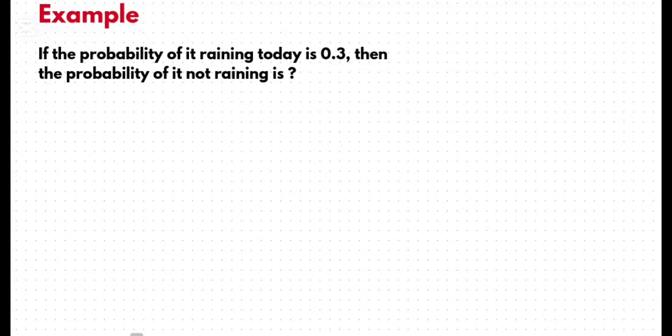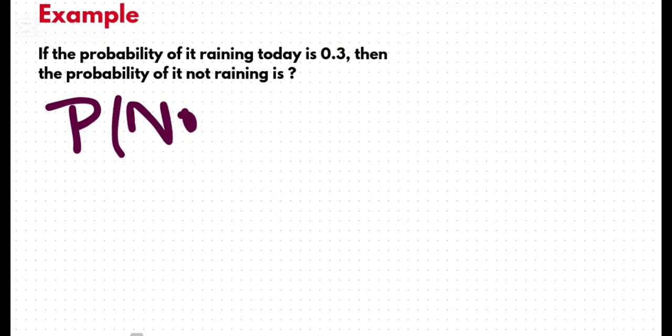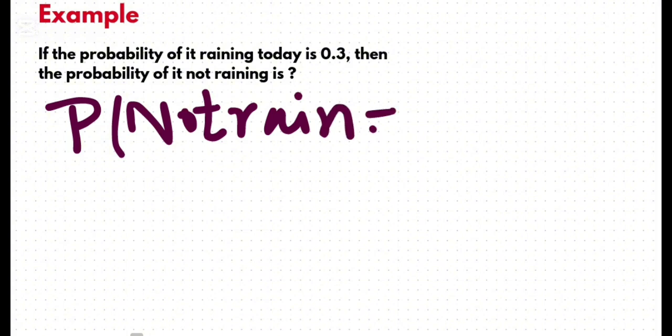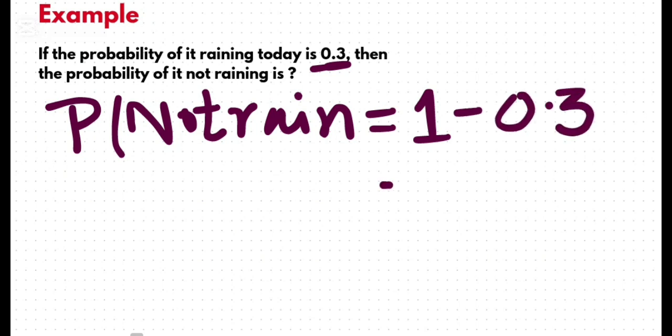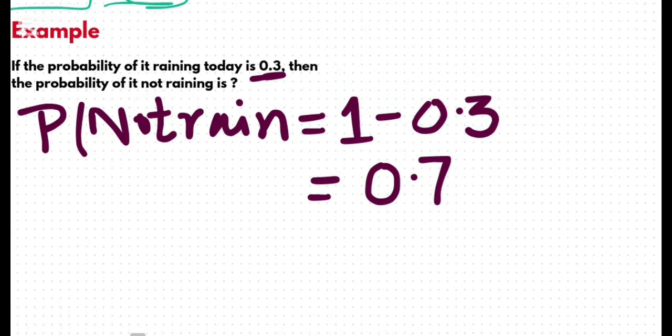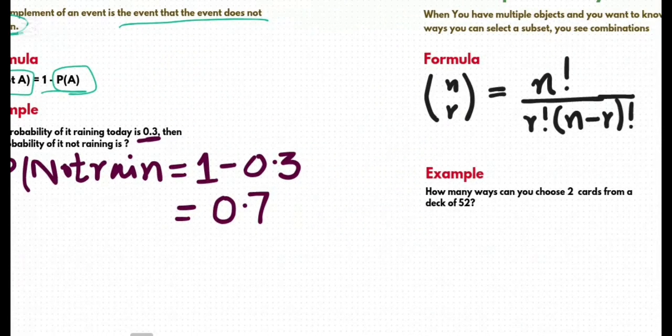So if you see the formula, probability of not rain is equal to 1 minus the probability of A, 0.3. So it becomes 0.7, right?